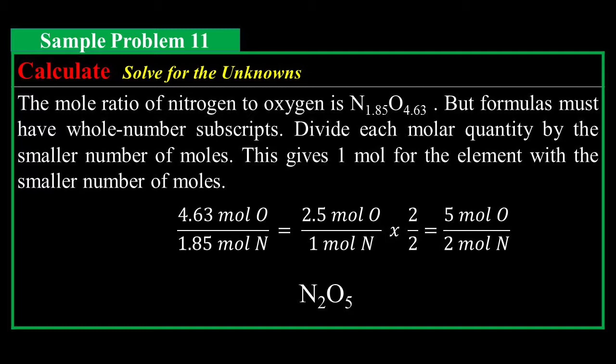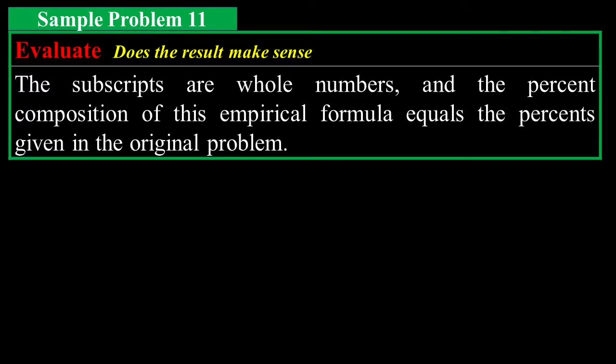Divide each molar quantity by the smaller number of moles. This gives 1 mole for the element with the smaller number of moles, and so it's going to be N2O5.